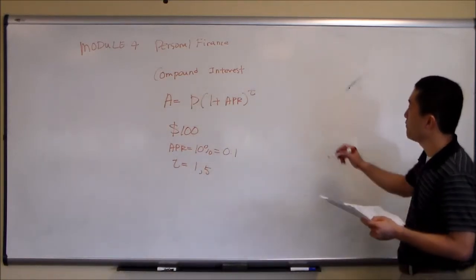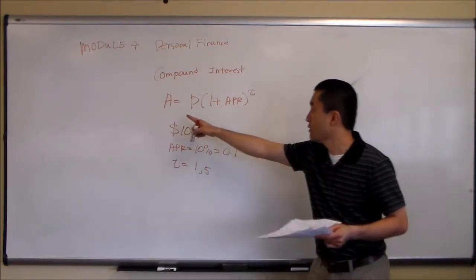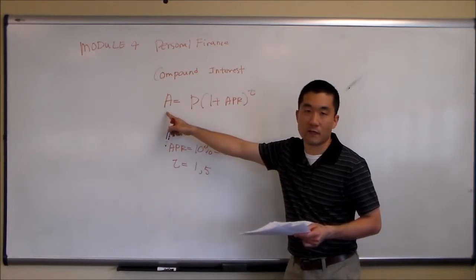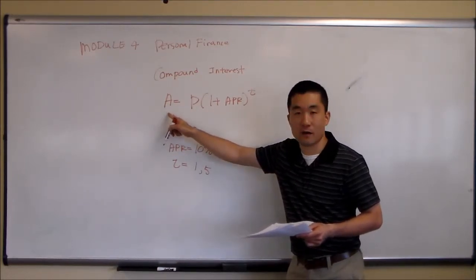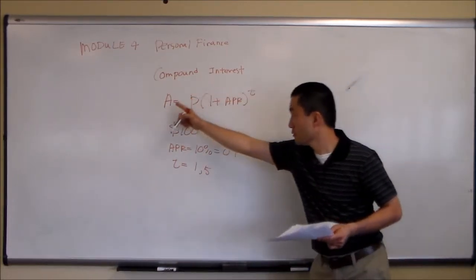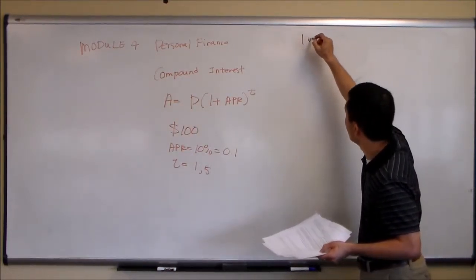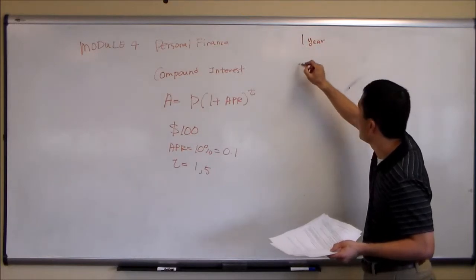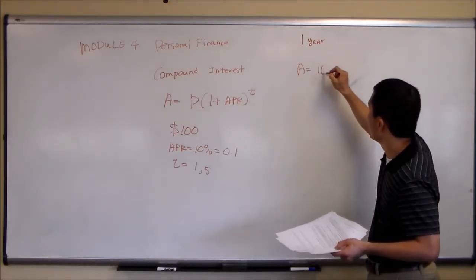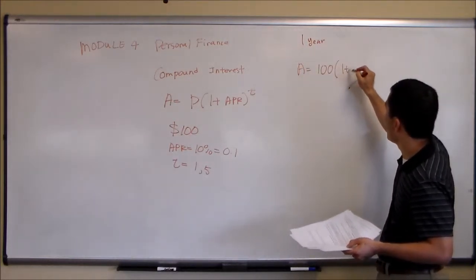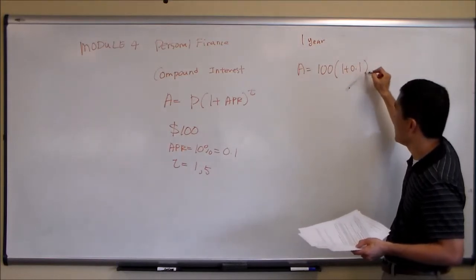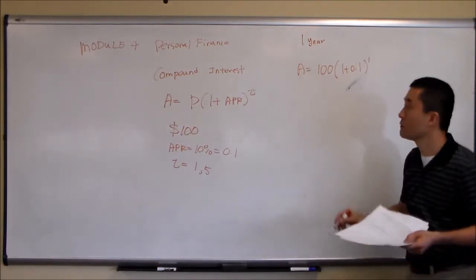In this case, A is the total accumulated amount, not just the interest, but the whole amount. So this formula does the whole thing. For 1 year, A will be 100 times (1 plus 0.10) raised to the 1.